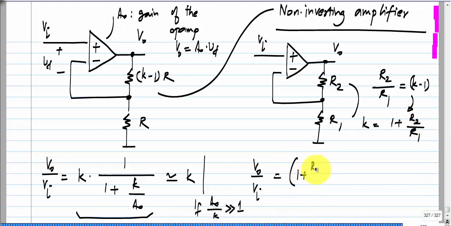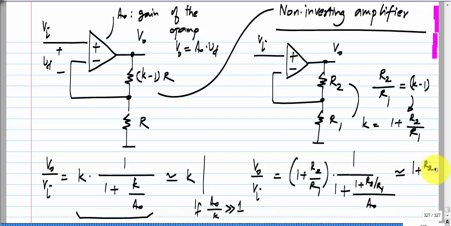So, the gain is 1 plus R2 by R1 times 1 by 1 plus R2 by R1 divided by A naught, which is approximately equal to 1 plus R2 by R1 if the op amp's gain A naught is very large.